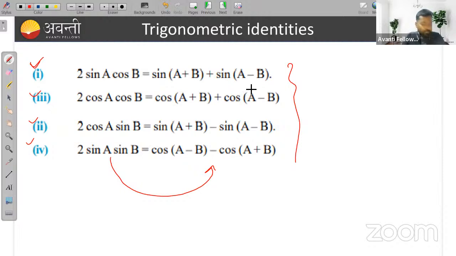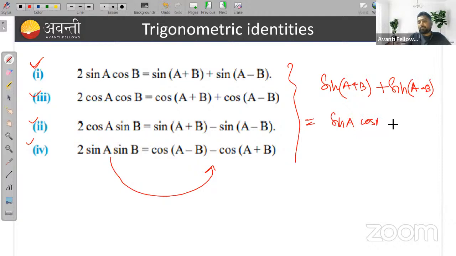कैसे तुम प्रूव करोगे? If you ask, sir, how can you prove this? So simply take the right hand side, है ना? sin(a+b) plus sin(a-b). Just expand this and you will get the left hand side. कैसे? So sin(a+b) we know is sin a cos b plus cos a sin b.